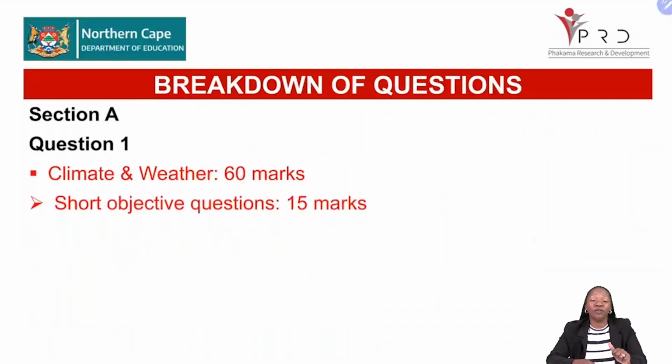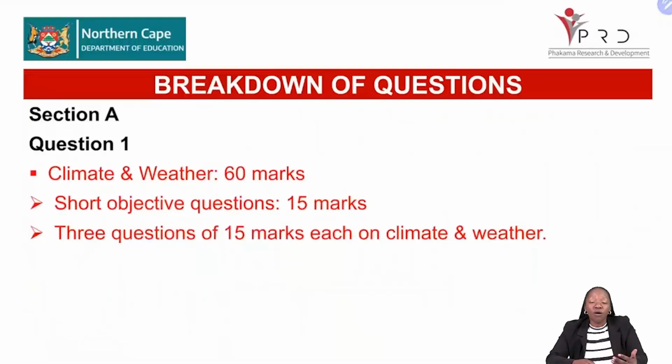Then once you are done with your short objective questions, you will then move to the longer questions. So the longer questions will start from your figure 1.3, 1.4, and your 1.5. Each of the figures is carrying 15 marks. That's where you should expect questions whereby you're supposed to define, or you are given questions, the 2 times 2 questions, whereby you're supposed to account or you're supposed to explain or describe.